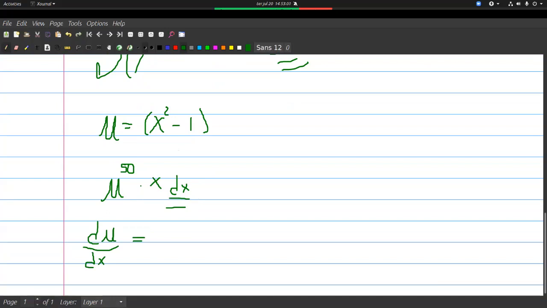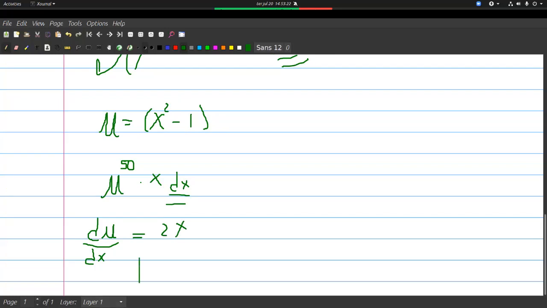So du over dx, that will be the derivative, which is 2x minus 1, but the derivative of a constant is 0, so yes, 2x. So du is equal to 2x dx.